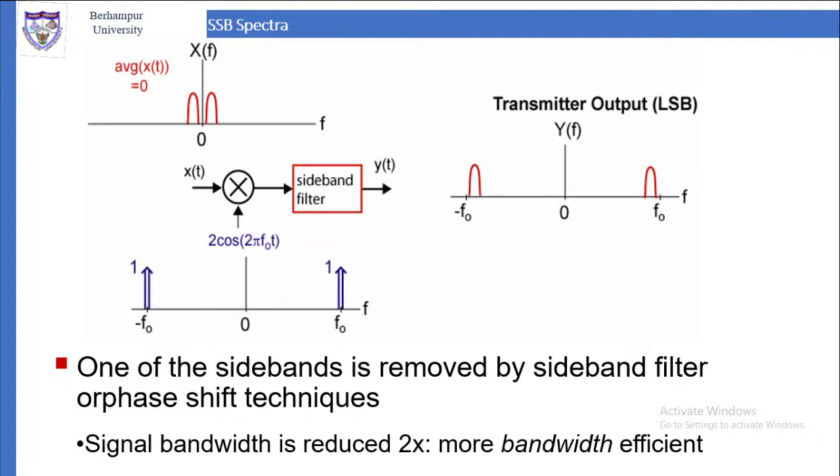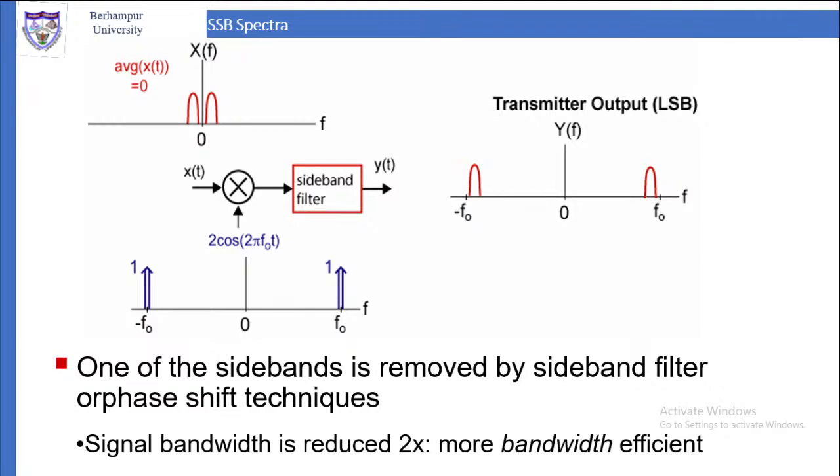SSB here stands for lower sideband. So at the transmitter output, LSB, look at the positive f0 side: the lower sideband is present and the upper sideband is not present. What is the upper sideband? If you look at the original signal, we have two hats. The right hand hat has higher frequency than the left hand hat. So the right hand side is upper, the left hand side is lower.